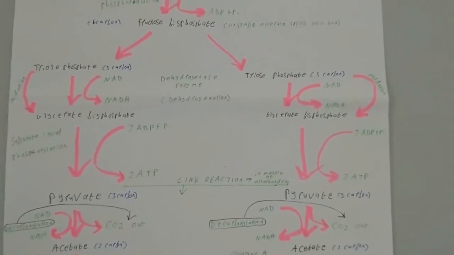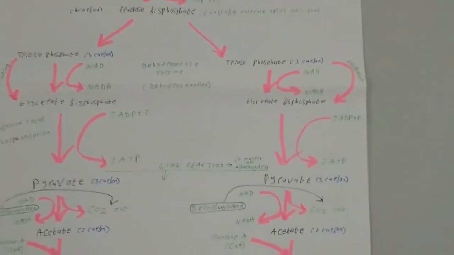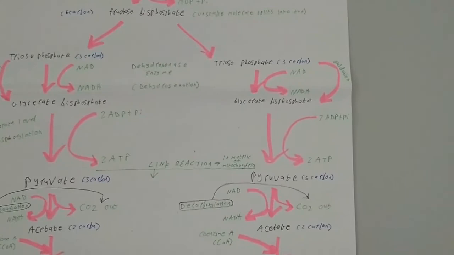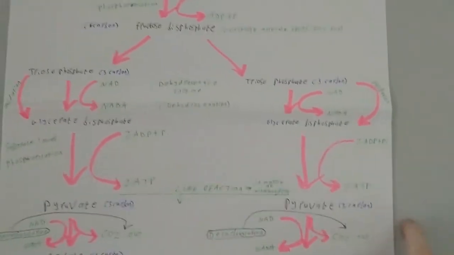Then glycerate biphosphate carries out substrate level phosphorylation to become pyruvate, as we see 2 ADP becomes 2 ATP. So now we've produced ATP on each side. So from one molecule of glucose we now have 2 ATP produced, so we have 4 ATP in total at this point, with a net gain of 2.